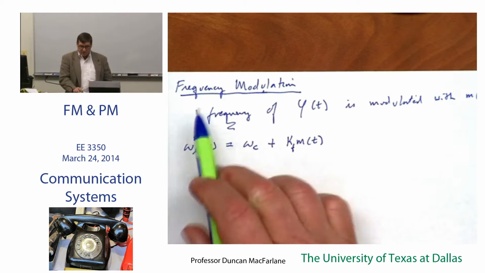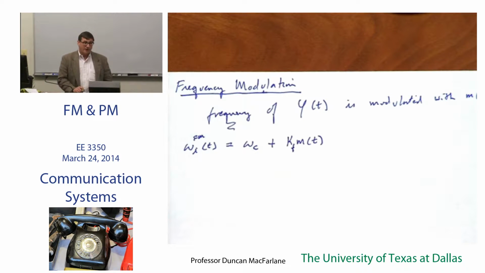So what I'm saying is for frequency modulation, not phase, but for frequency modulation, it's the instantaneous frequency that is modulated in accordance with m of t. And so I write down the form: carrier frequency plus a component that's due to my message signal.